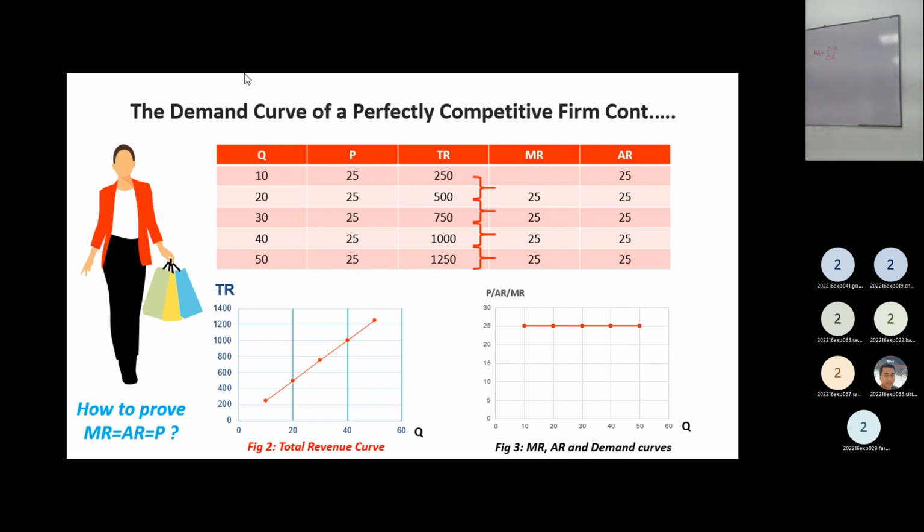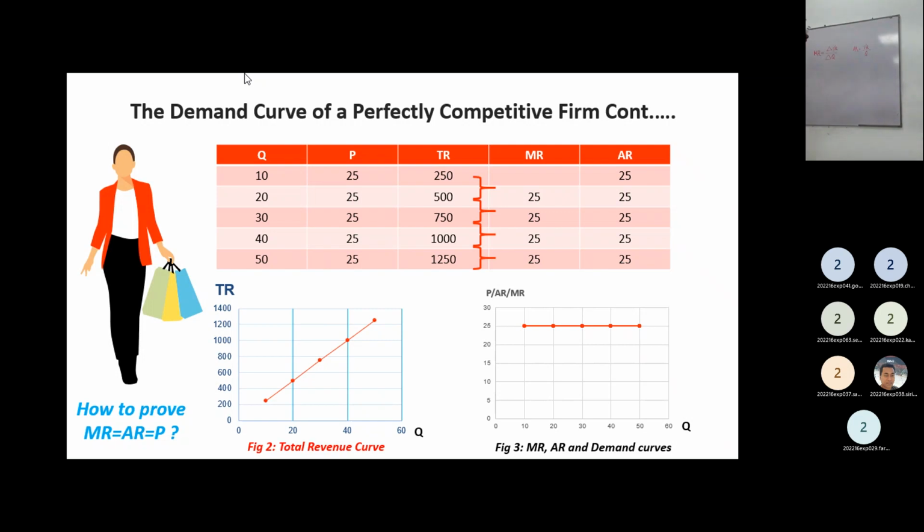So this is simply what? Your marginal revenue. And how do you calculate your average revenue? Total revenue, you are going to divide it by quantity, right?